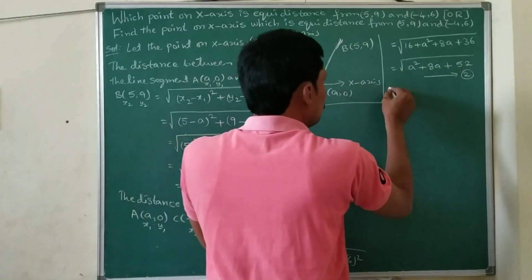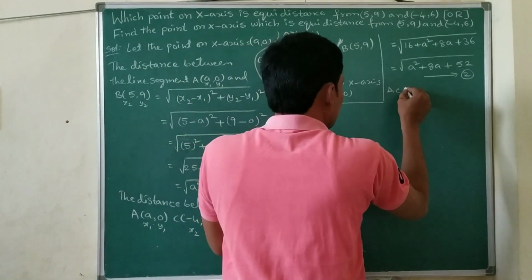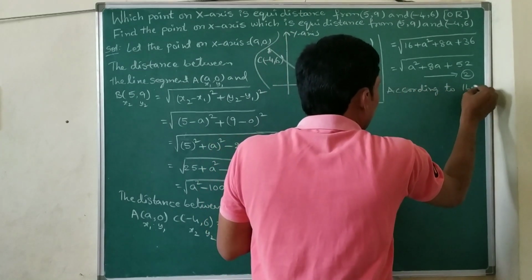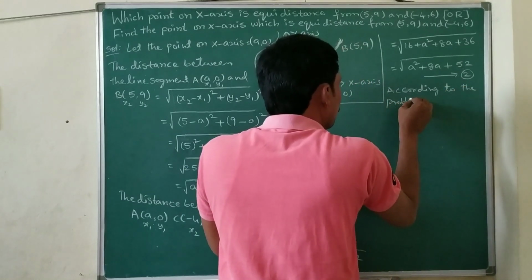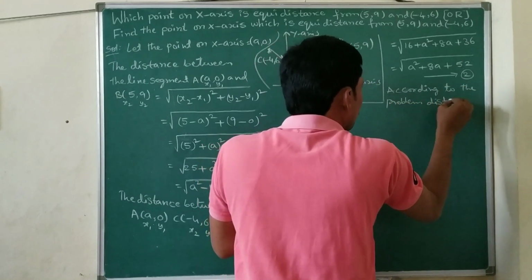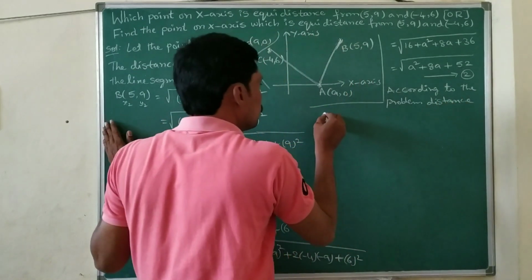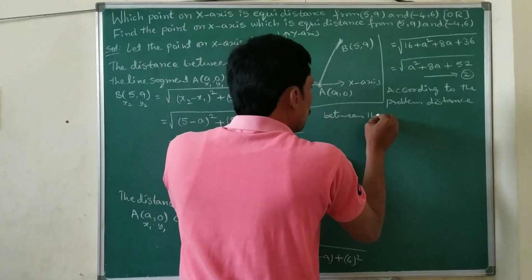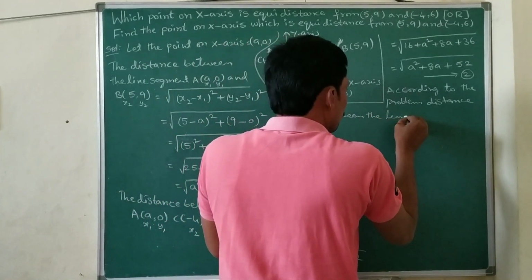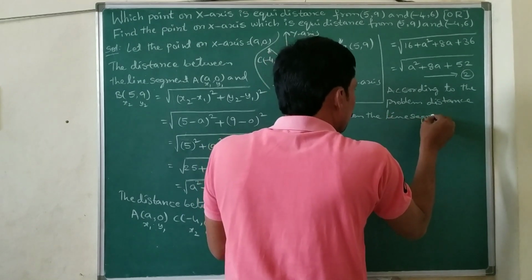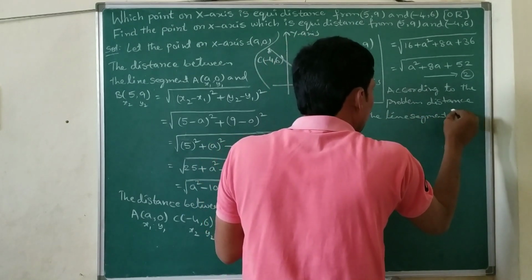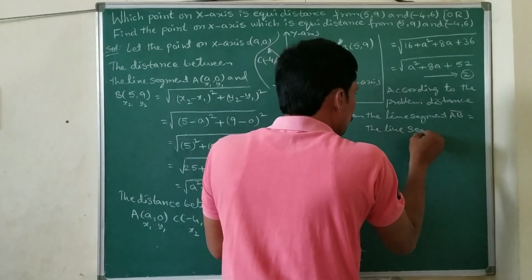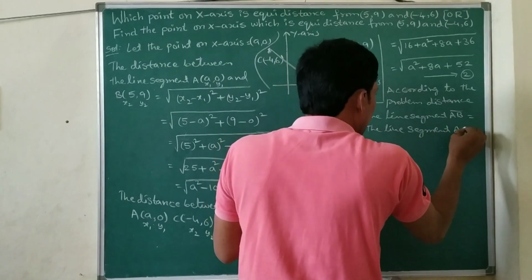So according to the problem, the distance between the line segment AB equals the line segment AC.